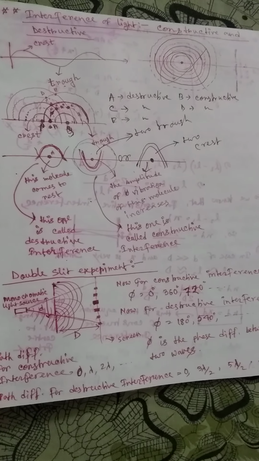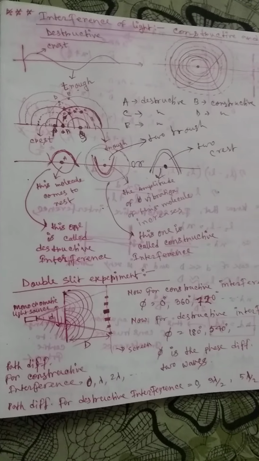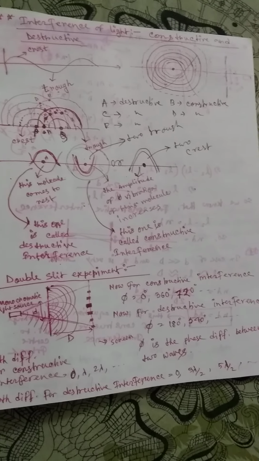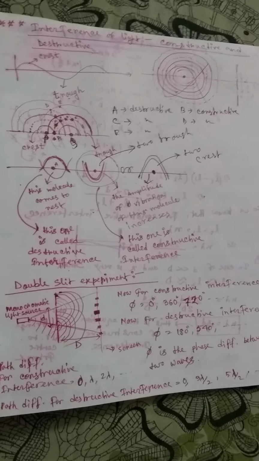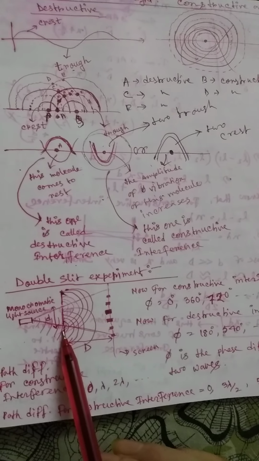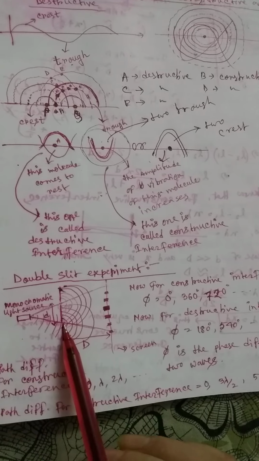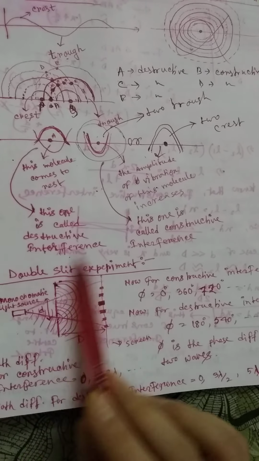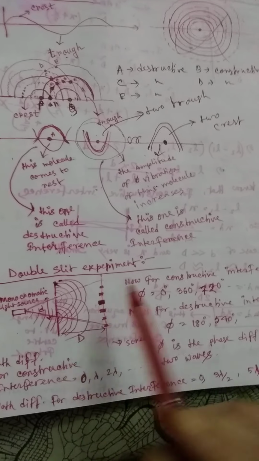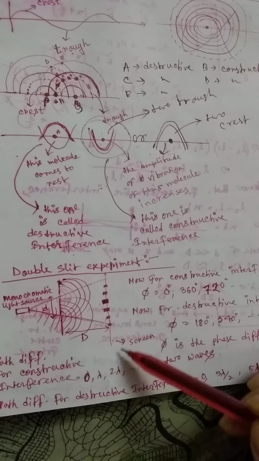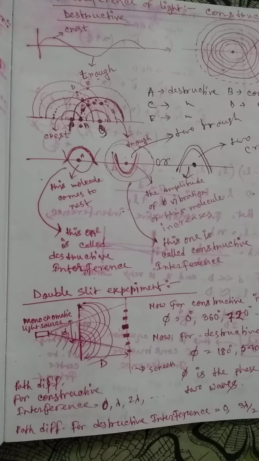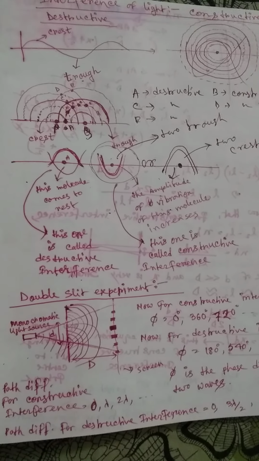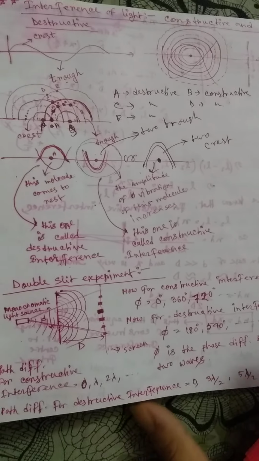But if we take more than two sources, then we can observe diffraction phenomena of light. But in the double slit method only two sources exist. That's why the double slit experiment gives us interference phenomena of light.